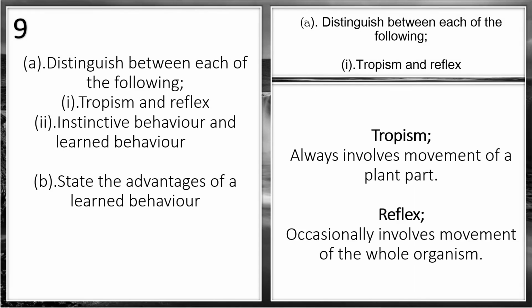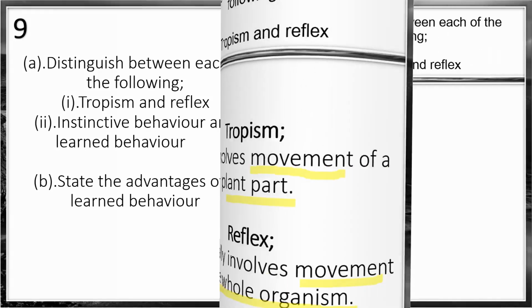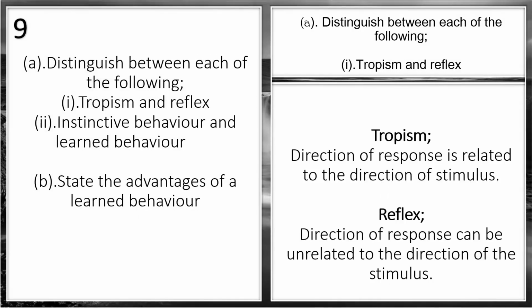Tropism always involves movement of the plant parts. Reflex occasionally involves the movement of the whole organism. Tropism, direction of response is related to the direction of the stimulus.